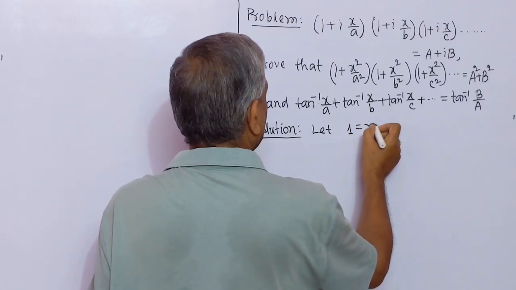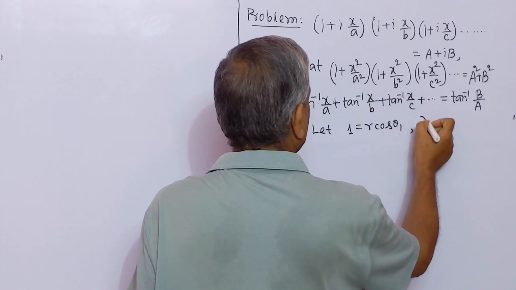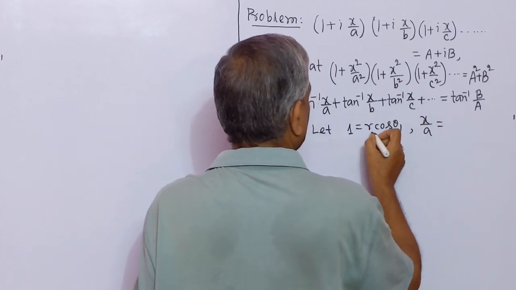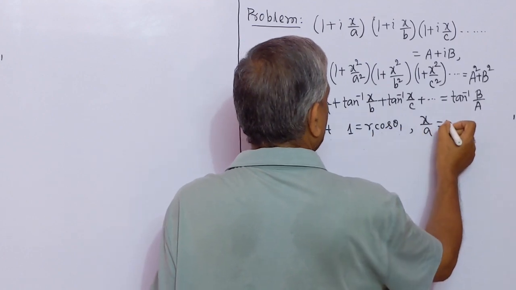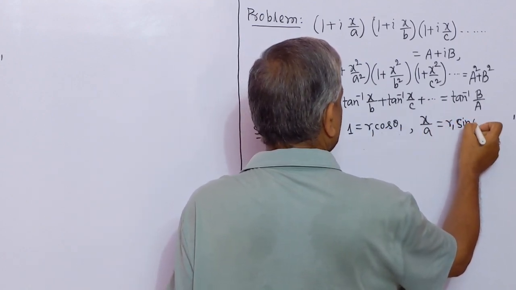1 = r1 cos theta 1, x/a = r1 sin theta 1.